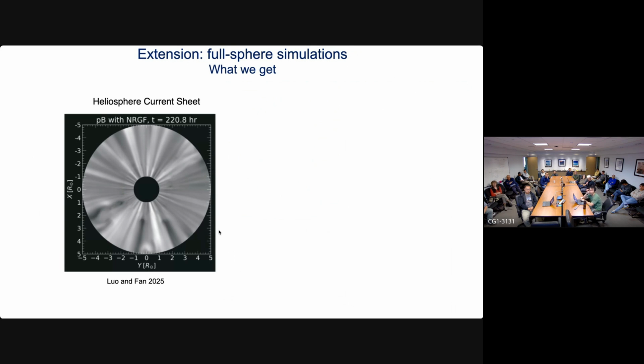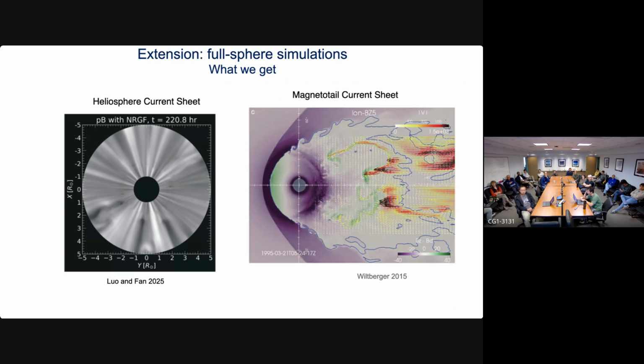What I find interesting is that in the heliospheric current sheet, what we get is very similar to what happens in the Earth's magnetosphere. This is a simulation by Mike using the BATS-R-US code showing the bursty bulk flow structure in the magnetotail region.